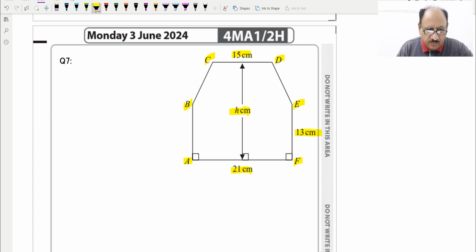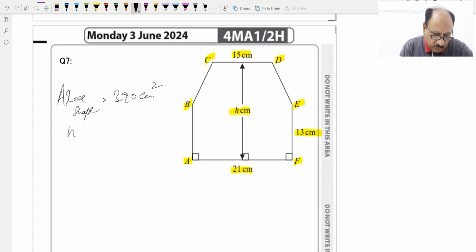And this is the information provided, and the area of the shape is 390. So total area of the shape is provided, which is area of shape is equal to 390 centimeters square, and work out the value of H. So H value we need to find.